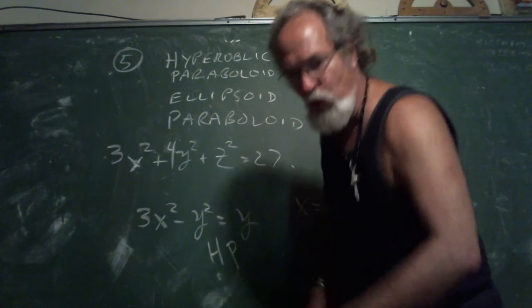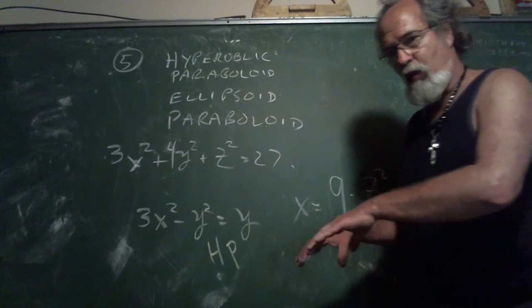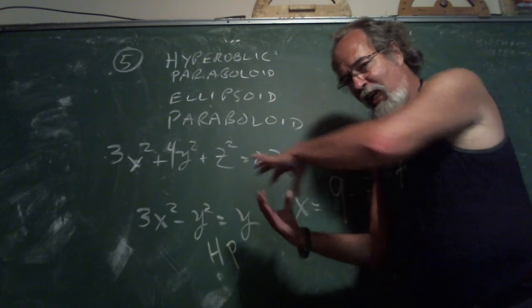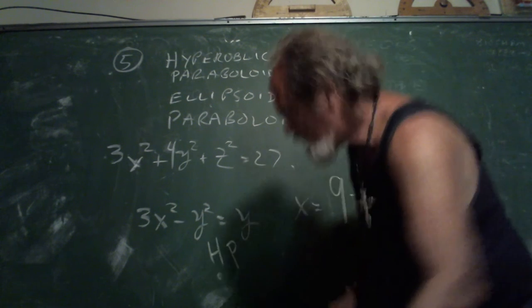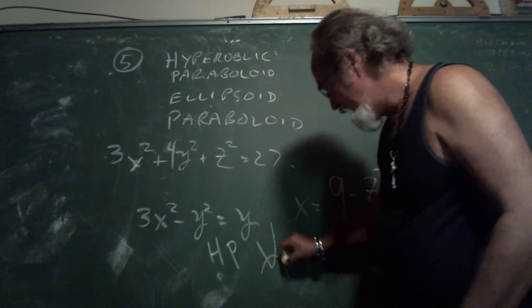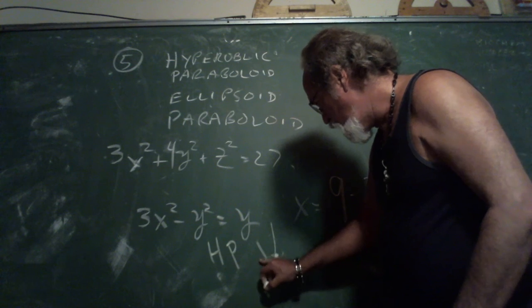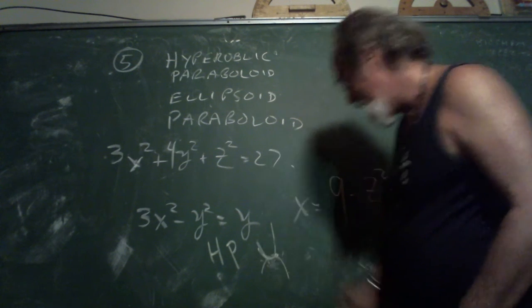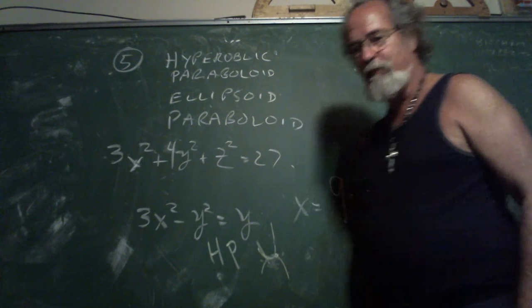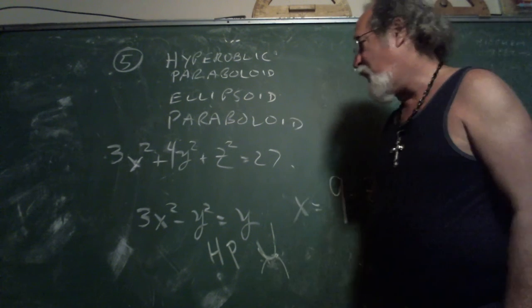So in 2 different directions, but at x equals 0 and y equals 0, I have a concave up and a concave down happening in the same spot. I've got a saddle. I've got a place where I've got concave up and concave down happening at the same time. So it's a saddle point. All right, so that's a hyperbolic paraboloid.